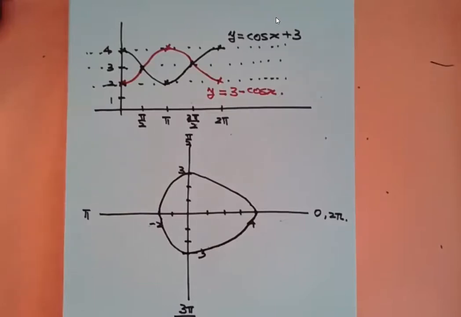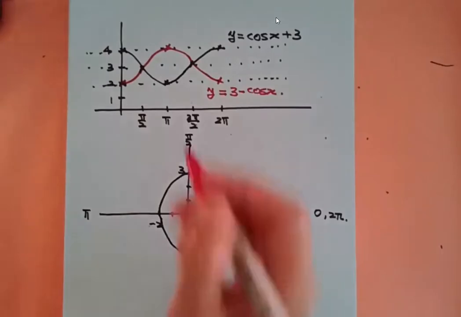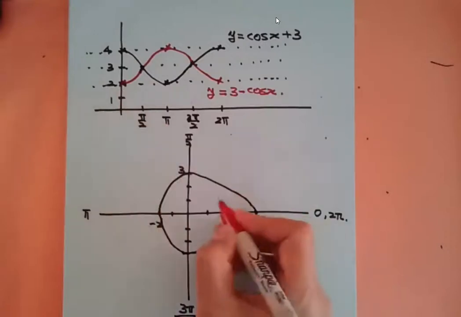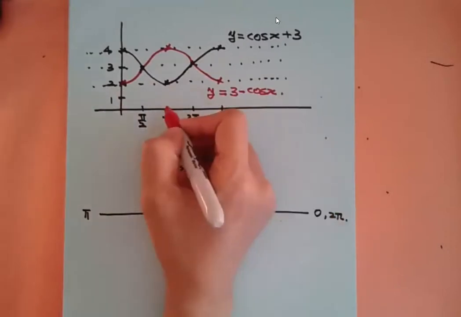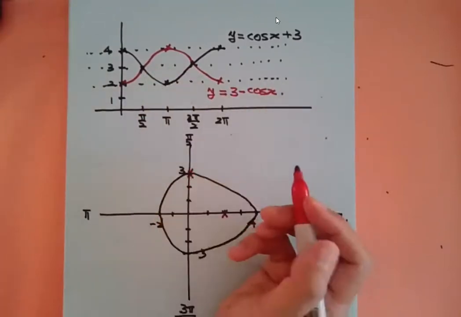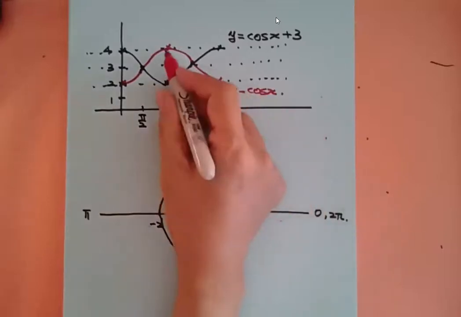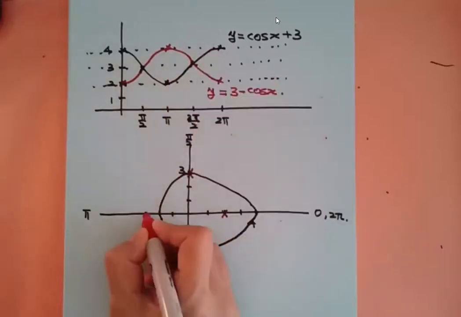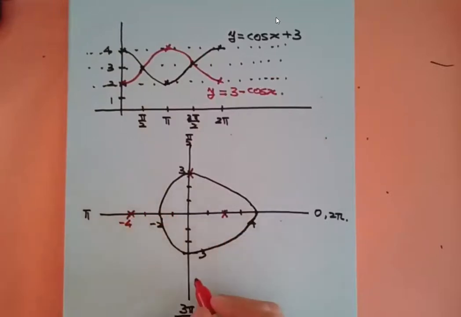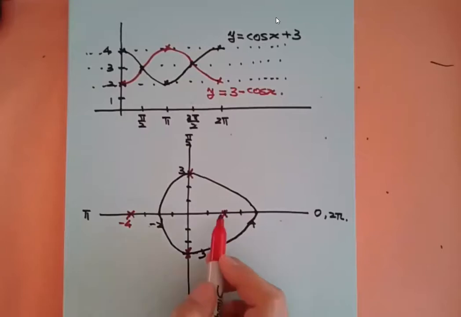And we do the same reasoning. When the angle is 0, the distance is 2. When the angle is pi over 2, the distance is 3, so the same point will be passed. And when the angle is pi, the distance is 4. And when the angle is 3 pi over 2, it passes 3 again. And when it is 2 pi, the distance is 2.